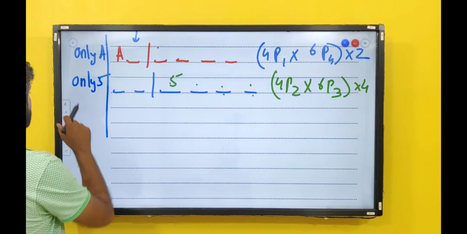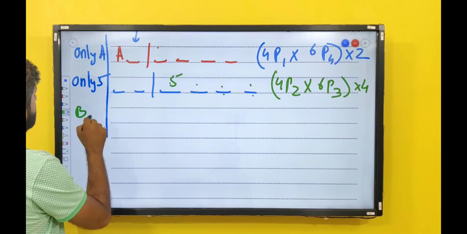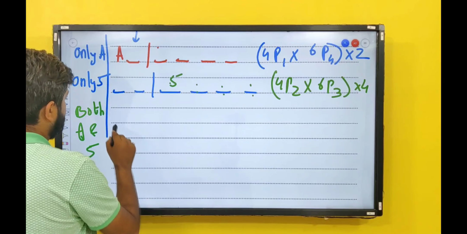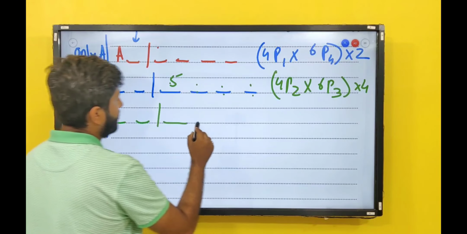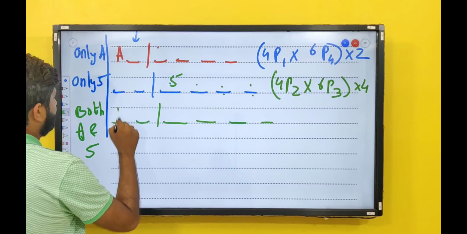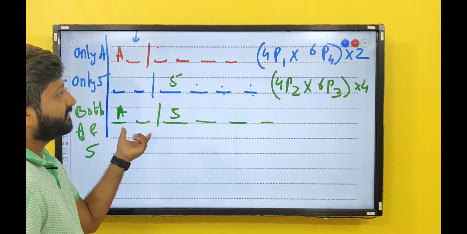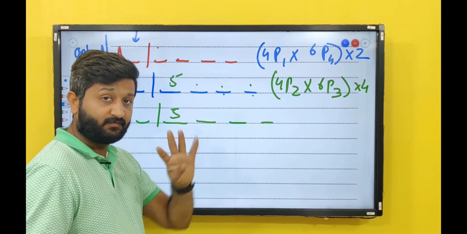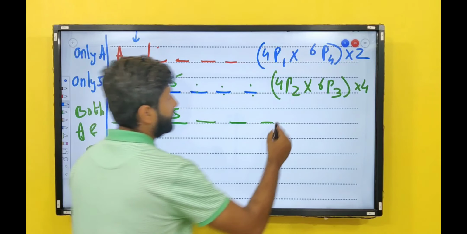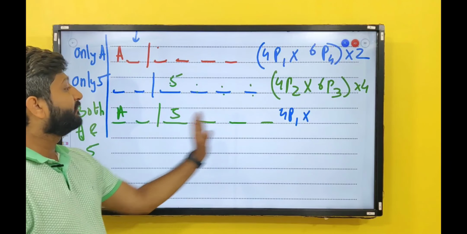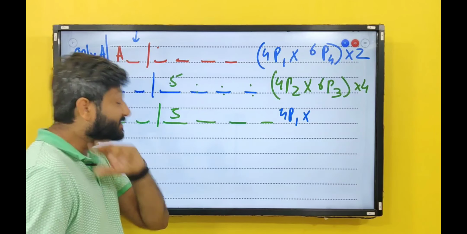Now third condition. Let's say we are taking both A and 5. Let's say here I have A and here I have 5. Right? So now how many letters are available? I am left with 4 letters and I have to select 1. So 4p1 into. How many digits am I available with?